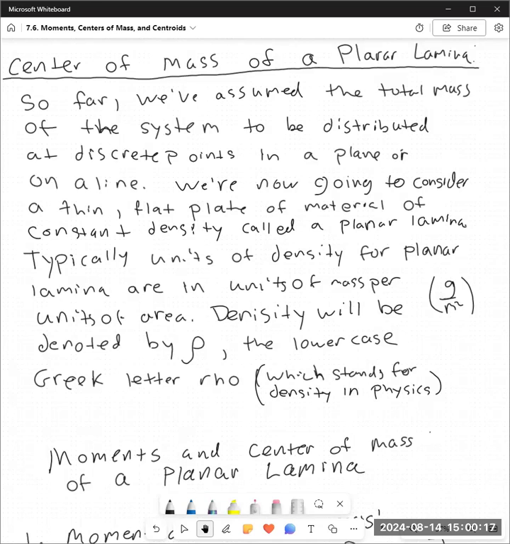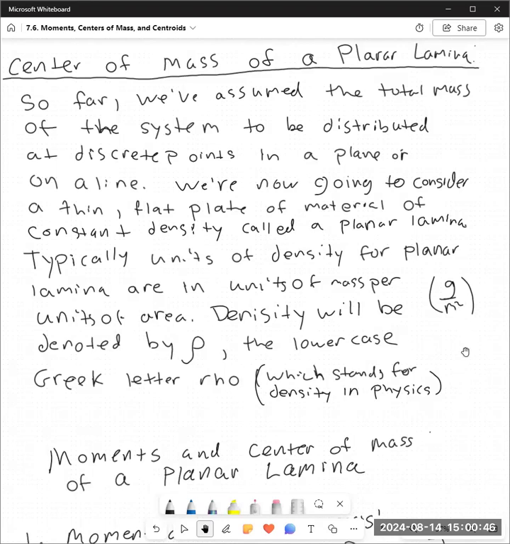I know we normally think of density as mass per unit volume, like grams per cubic centimeter in physics, and we use the variable rho for both of those. But since we're dealing with an area problem here, it's going to be mass per unit of area.